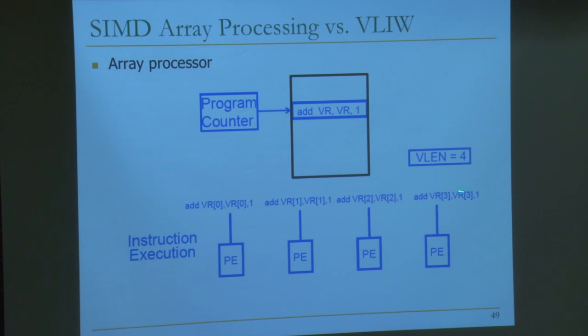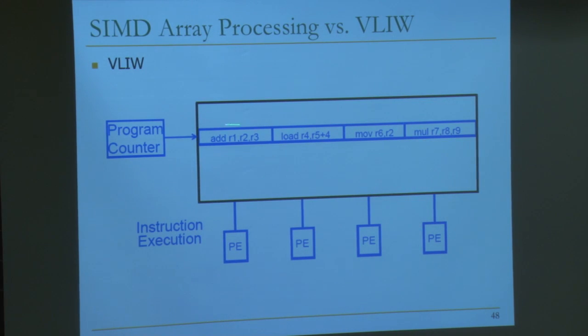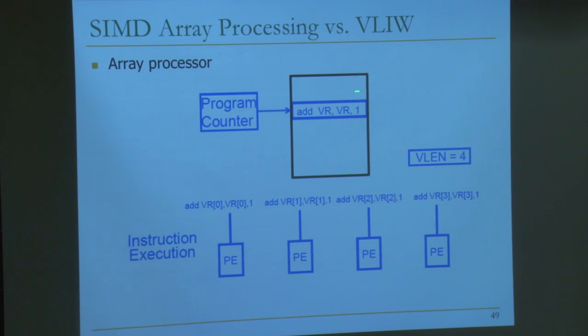Concurrently, you execute 4 operations that are all the same except on different data elements. This executes on the 0th, 1st, 2nd, and 3rd element. So VLIW: independent operations fetched and executed in the same cycle. Here, array processor: you fetch only one operation, but execute on multiple data elements.